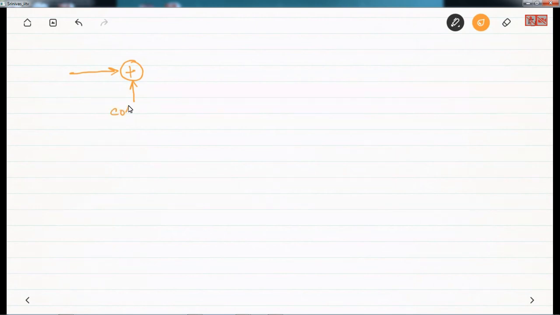So I'm writing this again here because we have to expand this diagram later. You will understand what I mean by expanding this diagram, right? So this is a second order nonlinear device.